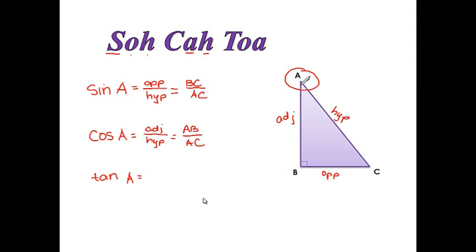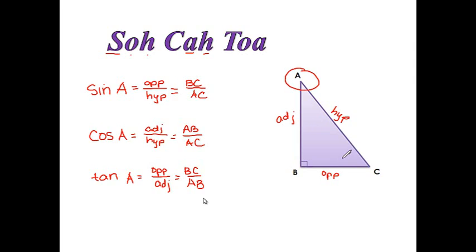The tangent of angle A would be opposite over adjacent. That would be BC over AB. Okay, those are all using angle A. That would change if I were to use angle C. My opposite side would now be AB, and my adjacent would be BC.